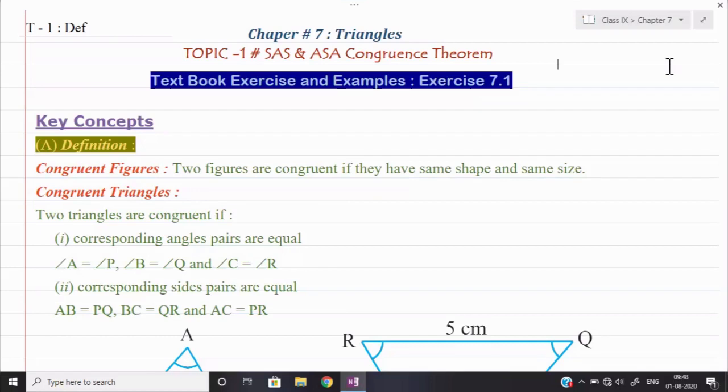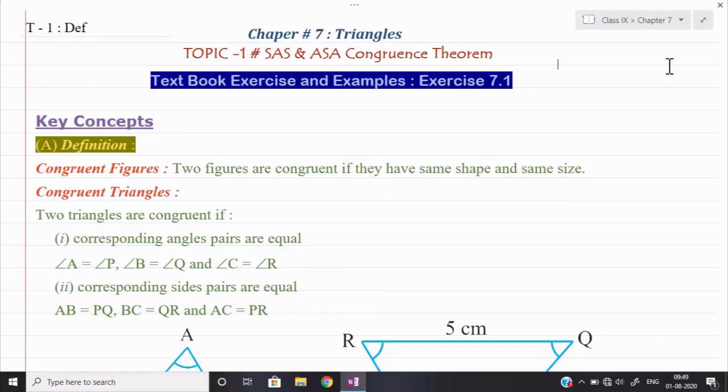The second thing, the size should also be the same. Size means one triangle cannot be smaller and another bigger, because if the sides of one triangle and another triangle do not match, they are not equal, so they are not the same size. First of all, their shape should be the same and their size should be the same.